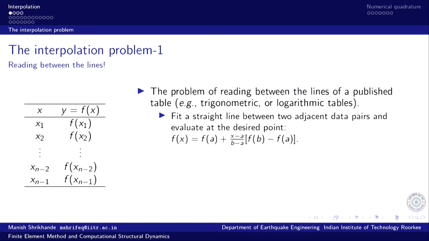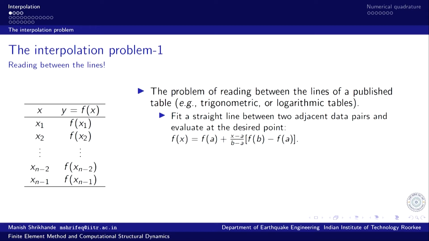So, this is basically the equation of a straight line: y minus y1 is equal to y2 minus y1 divided by x2 minus x1, multiplied by x minus x1.